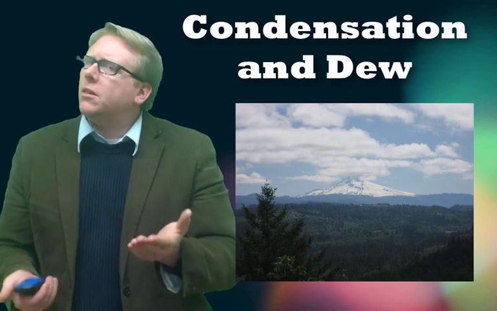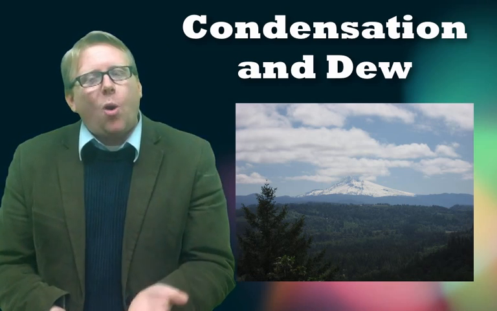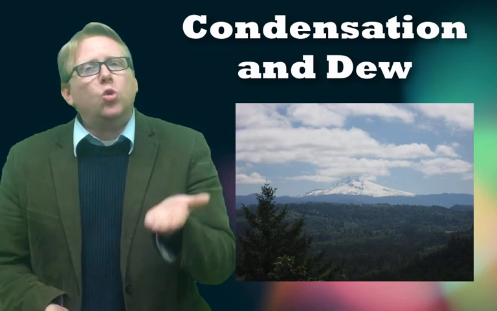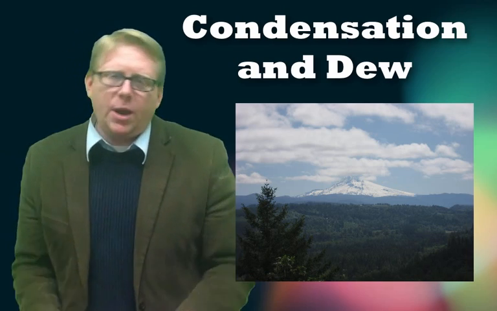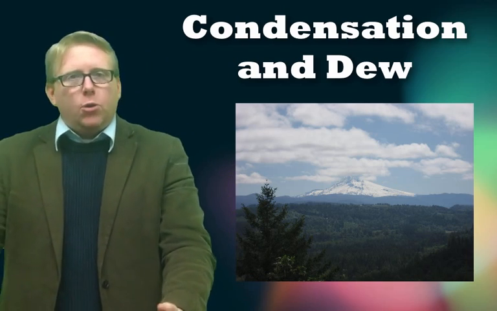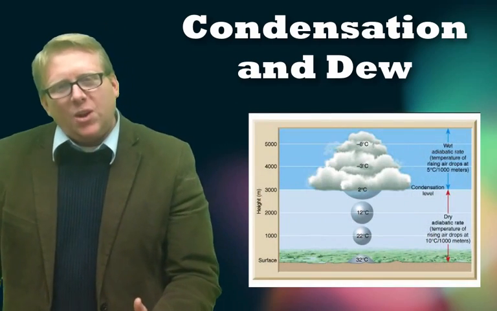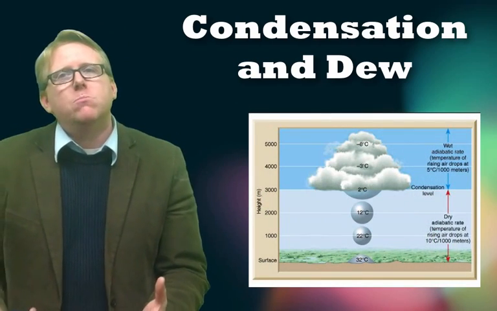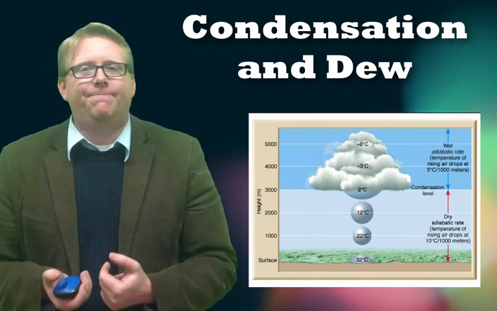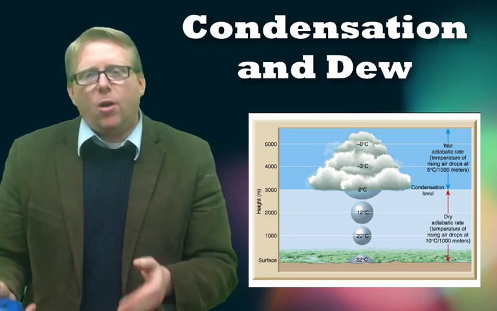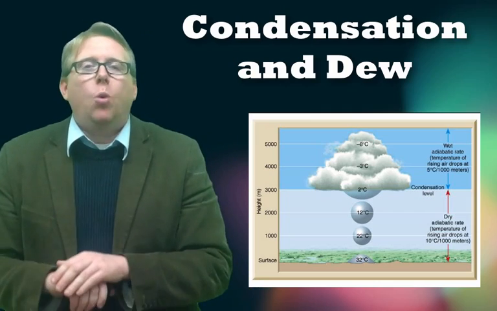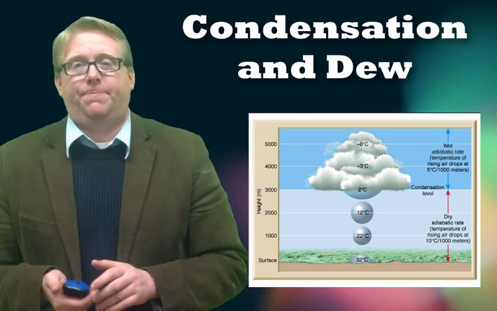Remember, when we talked about the layers of the atmosphere, as you go up in the troposphere, it cools down. So let's say we have a piece of air that we took right off the surface of the ocean. It's full of water, it's warm, and we take that air and we start to move it higher and higher. Eventually, that air is going to reach a part of the atmosphere where the temperature is the dew point.